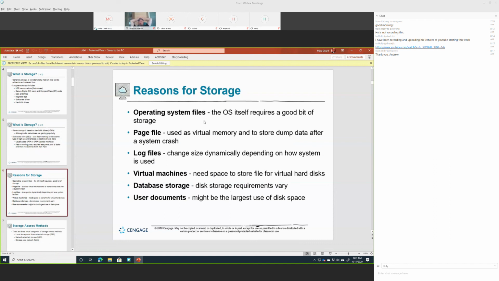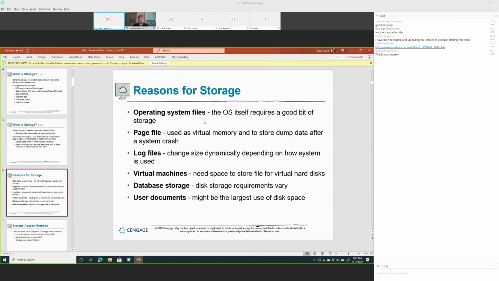So I think the other need is for virtual machines, of course, and especially when we talk about cloud computing and virtualization, it becomes very, very important to have a space for the virtual machines.